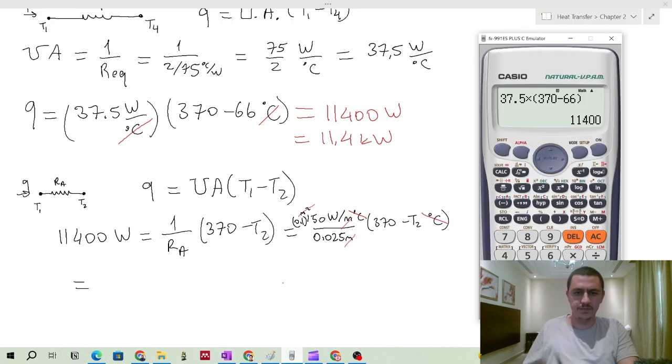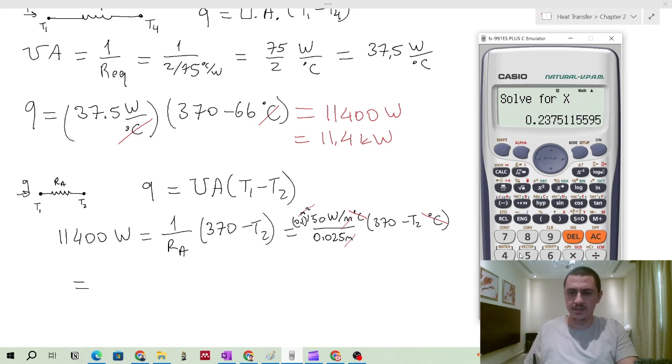So let's see how we find that value. It should be equal to 0.1 multiplied by 150 over 0.025 multiplied by the known temperature, so 370 minus the unknown temperature, then shift solve, then solve for x.